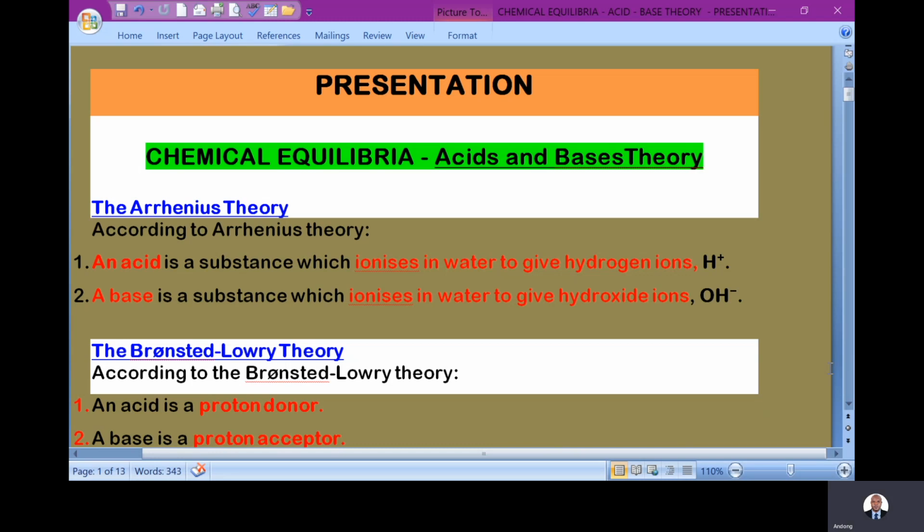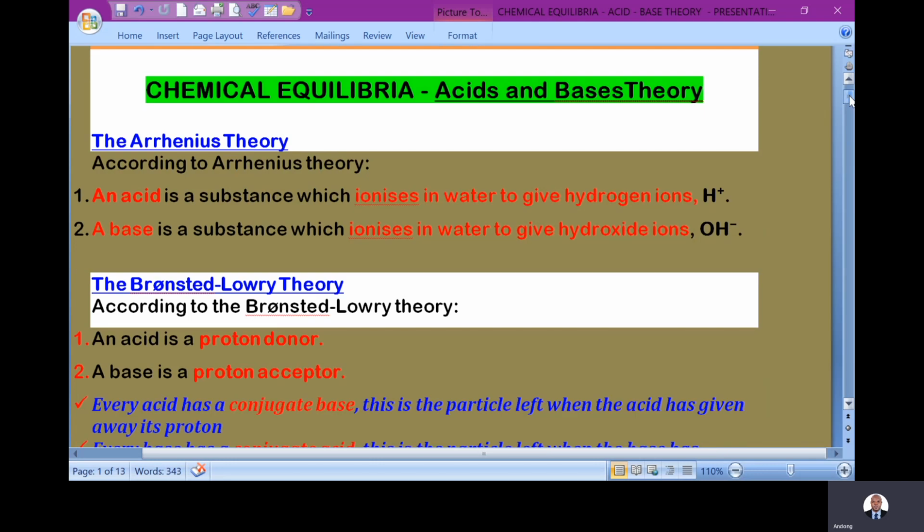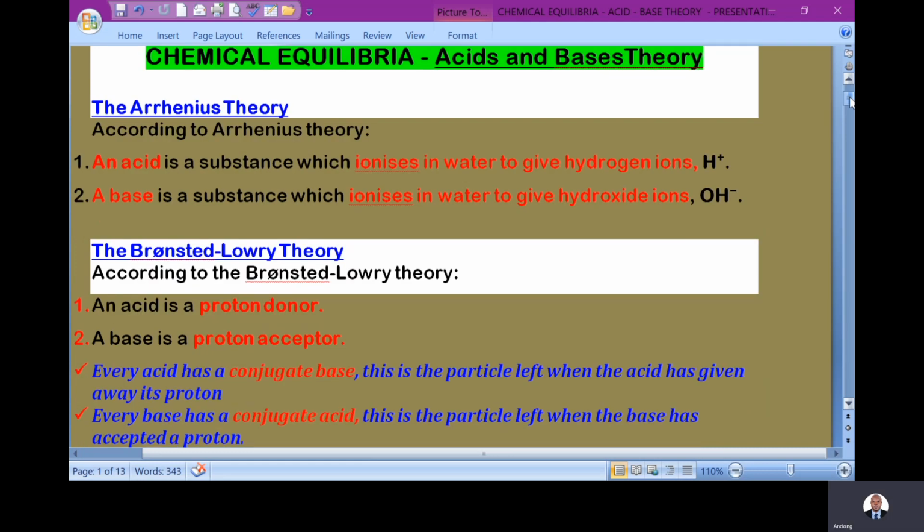But there was some concept put forward by Brønsted-Lowry, which today becomes the Brønsted-Lowry theory. Beside the fact that an acid ionizes to give a proton and a base ionizes to give an OH ion, he considered acids to be proton donors and bases to be proton acceptors.